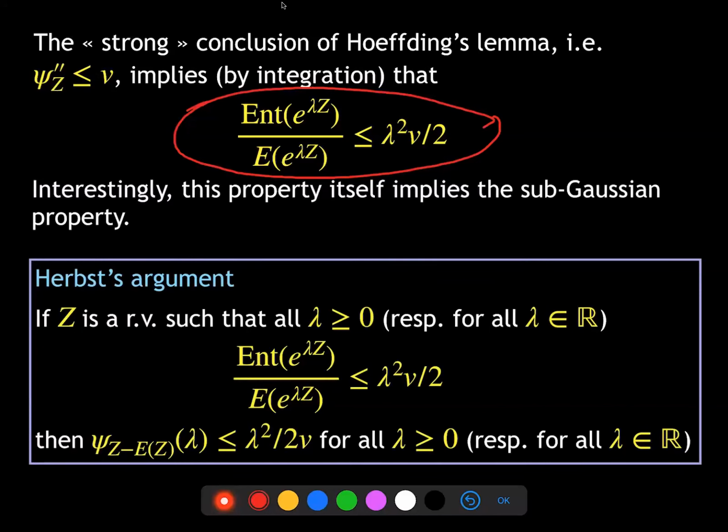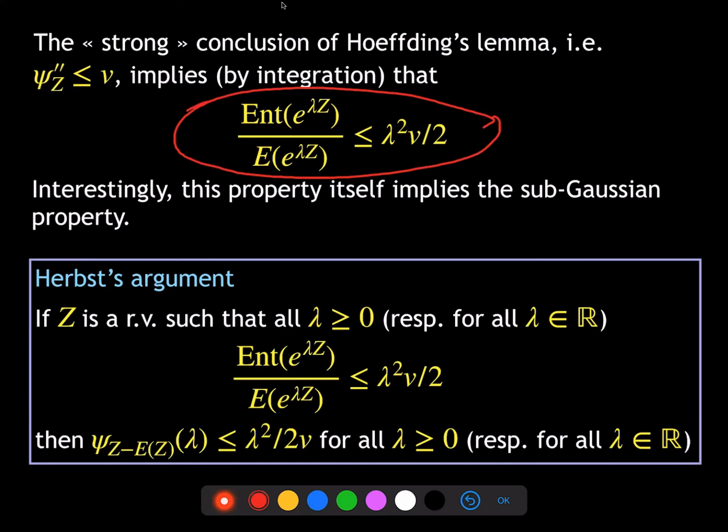Okay? And this is what is called Herbst's argument. So Herbst's argument tells us that for any variable which is such that this inequality holds, either for non-negative values of lambda or for all lambda, then this implies that the log of the moment generating function is controlled by the quantity that we know right now, that is lambda square V over 2, which is merely the log of the moment generating function of a centered Gaussian variable with variance equal to V. Okay?